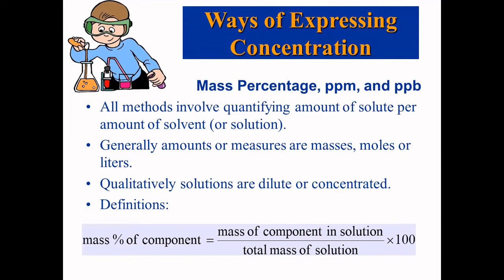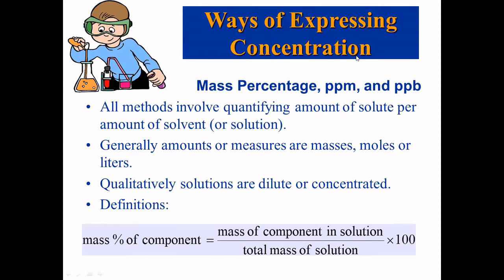As chemistry majors, it is really very important that you know how to determine the molarity, the molality, or the normality of a given solution, aside from knowing the simpler ones I have mentioned. All methods involving quantifying the amount of solute per amount of solvent or solution are a manner of expressing concentration of such solution.